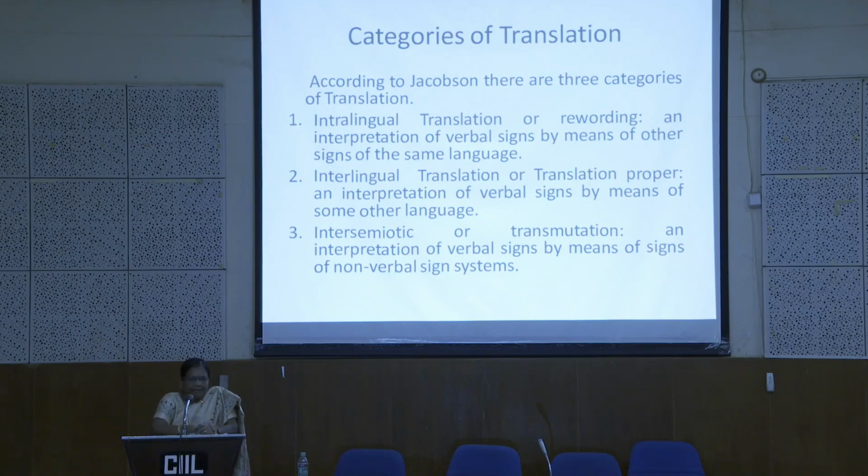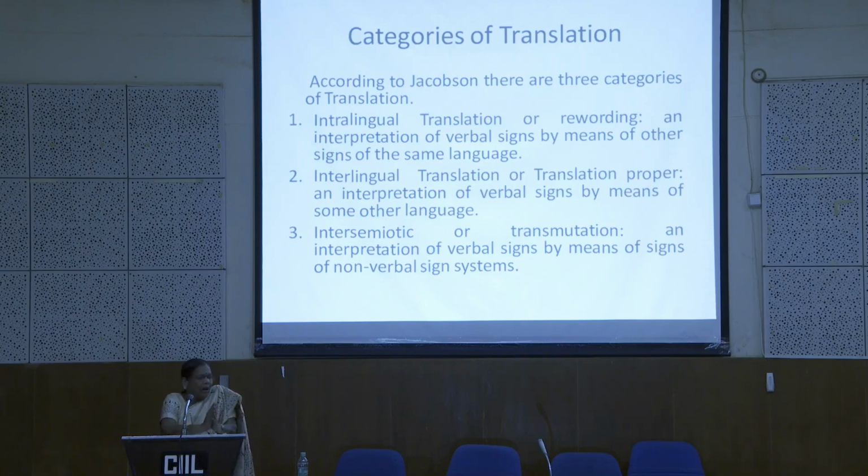There are many translation theorists and translation theories. They have put forward many translation theories, but among them, Jakobson's classification holds good. It is a very good classification. It covers everything. That's why, according to Jakobson, we study intralingual translation within a language, interlingual translation from one language to another language, and intersemiotic translation from one sign system to another sign system.